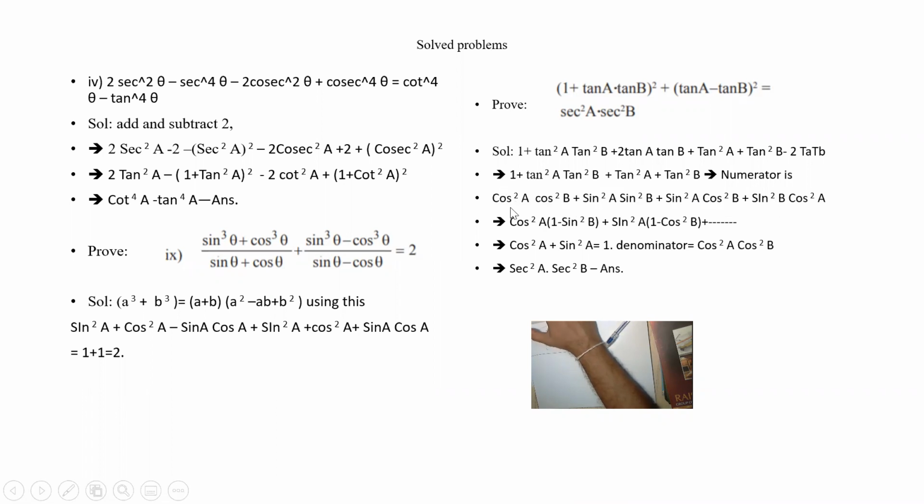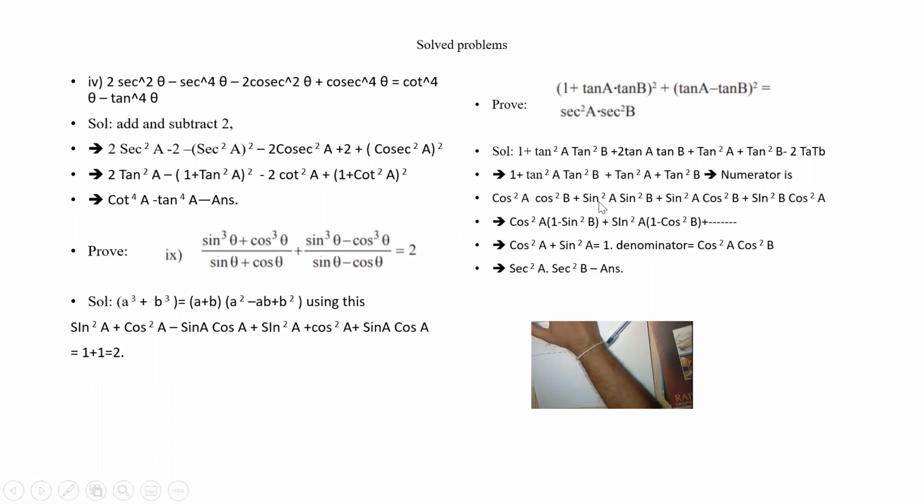If you take out cos square A, what am I getting? 1 minus sin square B. If you take out cos square A here, cos square A here, I am getting 1 minus sin square B. If I take out sin square A, 1 minus cos square B.